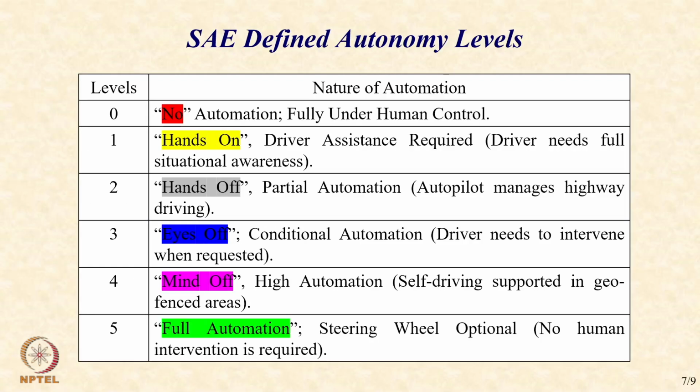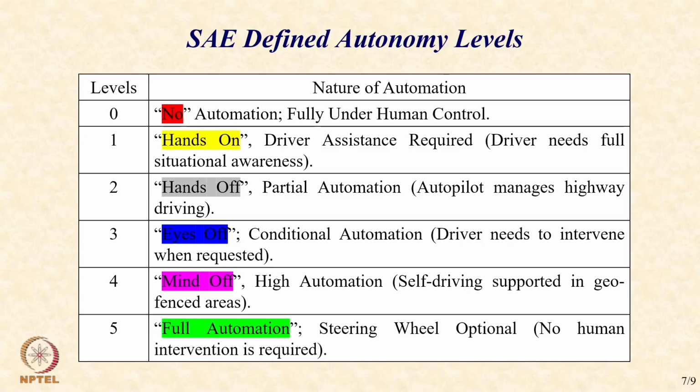I just want to show you this table now. The reason for bringing in this table is that recently we have been hearing a lot about these autonomous cars, robo-taxis and similar kind of transportation systems which are being considered for autonomous operations.